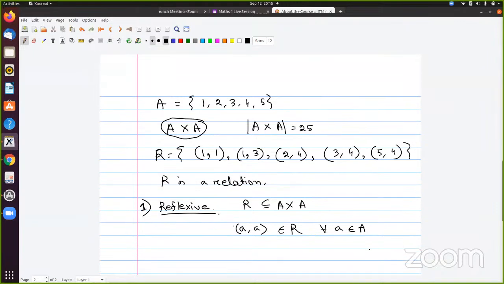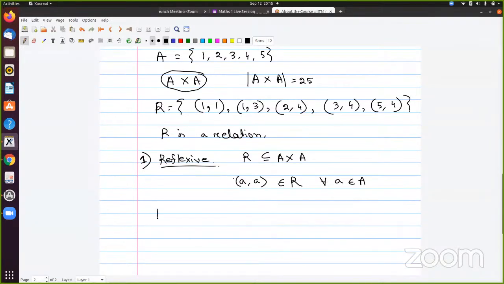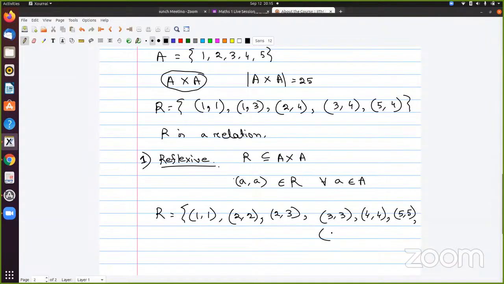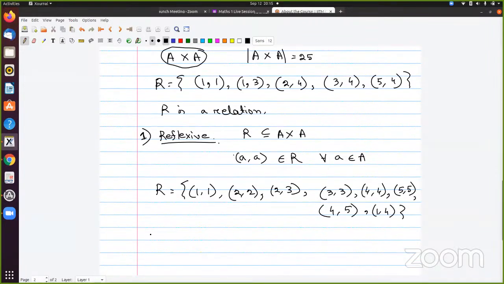What does this symbol mean? So if I have a relation like this: (1,1), (2,2), (2,3), (3,3), (4,4), (5,5), (4,5), (1,4). Is this reflexive? Yes, sir. Can someone explain why? Because for a reflexive relation, the identity relation should be included in it.